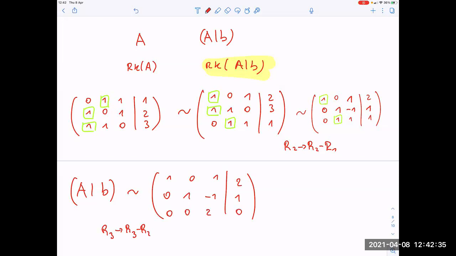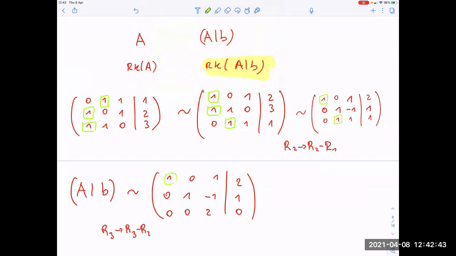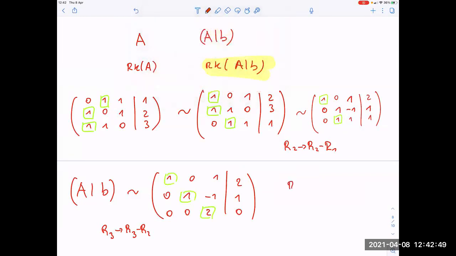Okay, and then what we do at this point, well, now the matrix is row reduced, and you see all the markers are in the first part. So this means that the rank of A is equal to the rank of AB, and this is equal to 3. So there exist solutions.